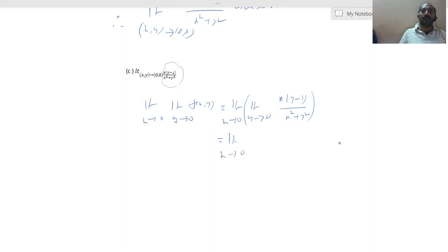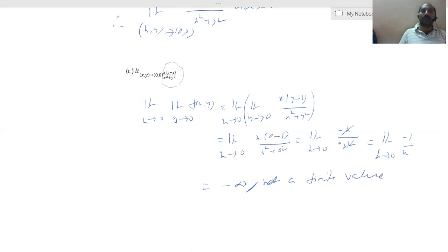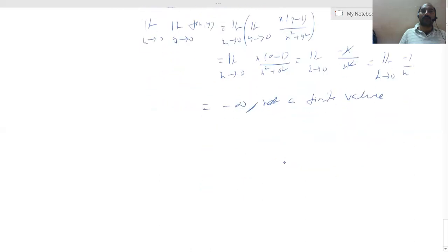Substituting this limit, x times of 0 minus 1 by x square plus 0 square, which is equal to limit x tends to 0 minus x by x square. x gets cancelled. Finally, we get limit x tends to 0 minus 1 by x. What about minus 1 by x? Minus infinity. It is not a finite value. No need to find out the other limit. Simply write down limit does not exist.